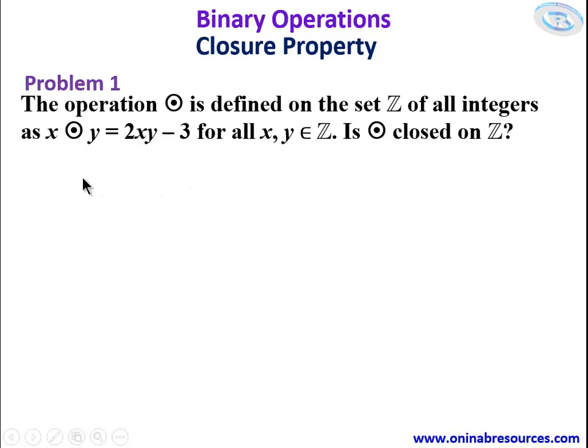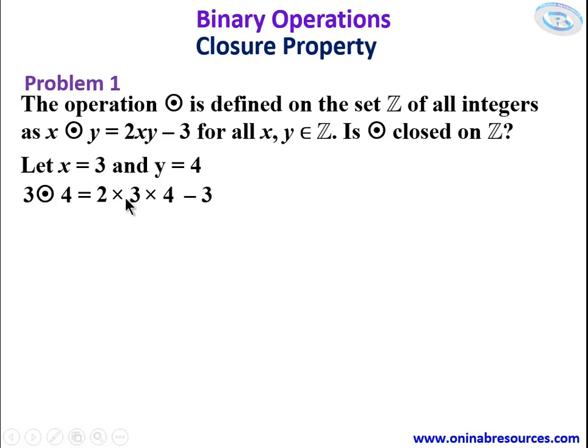So in our verification, we just choose values for x and y, then operate based on this operation and see we are going to have integers all through. So we let x be equal to 3 and y be equal to 4, where 3 and 4 are integers. So 3 * 4 will be 2 times 3 times 4 minus 3. This is going to give us 24 minus 3, which gives 21, and 21 is an integer.